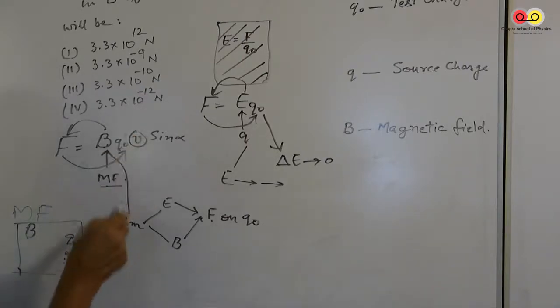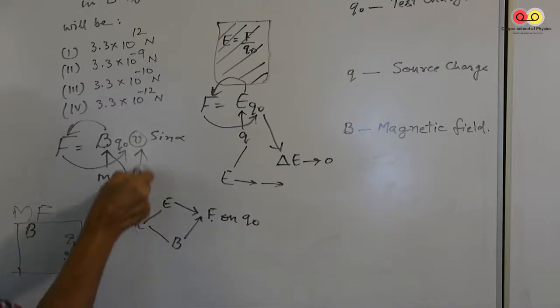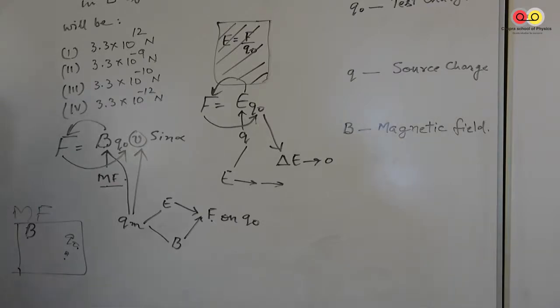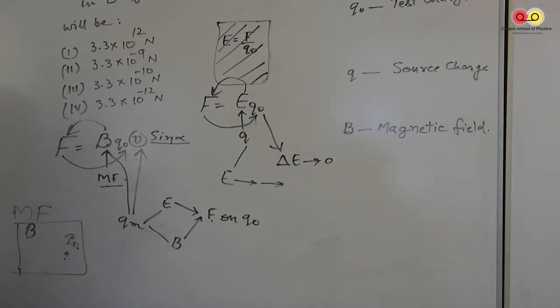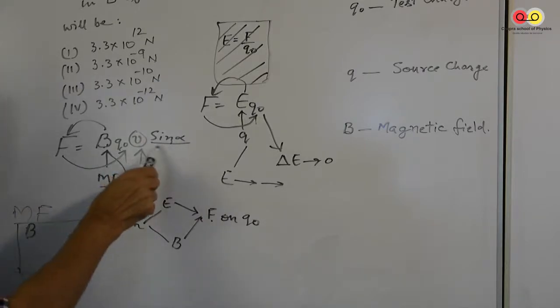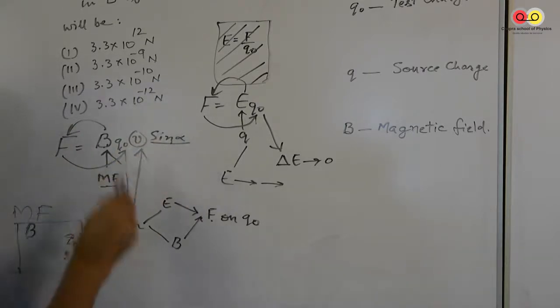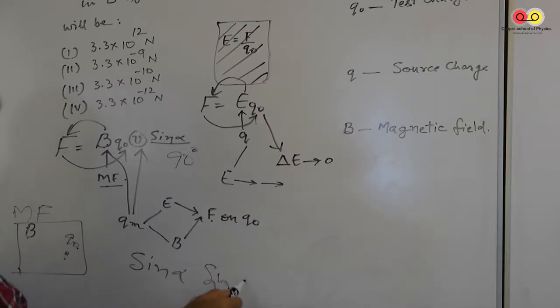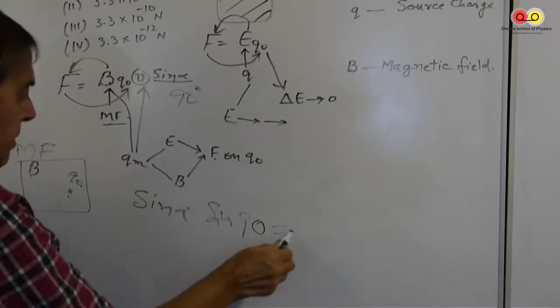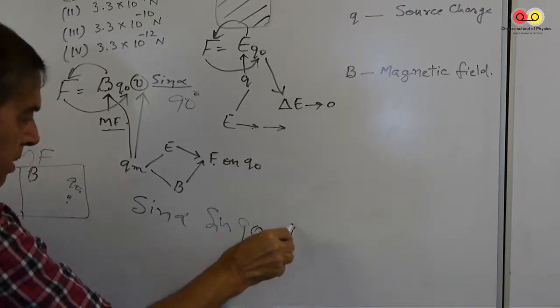V is the velocity of moving source charge. And alpha is the angle. This is the angle between magnetic field and the source charge. So you will remember, if angle is not specified, the angle is taken as 90 degrees. And sine 90 will be 1. Sine alpha means sine 90, and that is equal to 1.